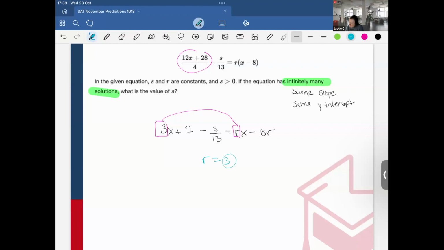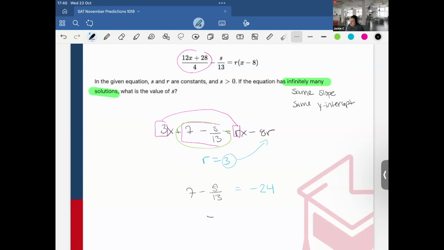So then I can put this in here, and this would be equal to -8 times 3, -24. So basically, I'm going to say -24 will be equal to the other part of the equation, which would be 7 minus s over 13. This is an s. Don't confuse it with a 5.